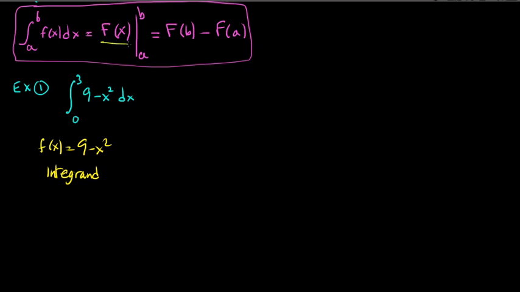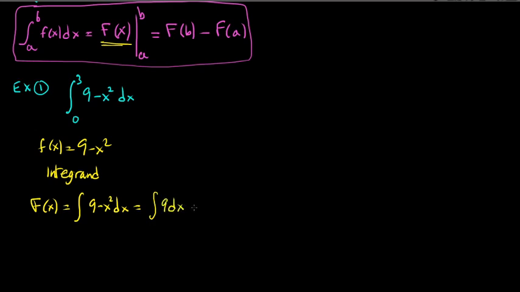Using the fundamental theorem, we need the antiderivative. So what's my capital F? My capital F is the indefinite integral, and this is something that you did way back in section 4.1. To go through it one more time, this is a difference, and just like the sum, you can split it up.